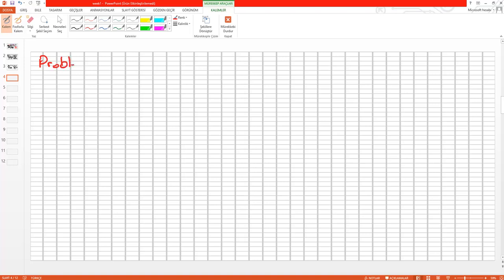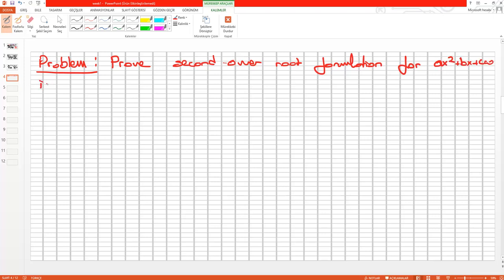The problem is to prove the second-order root formulation for ax² + bx + c = 0 in terms of geometry, or geometric axes. Okay, and we will give the solution here.